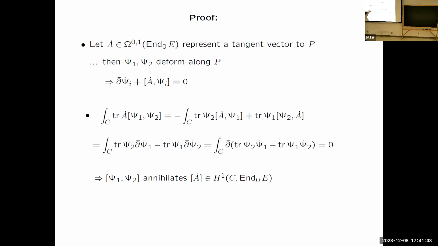Now if we evaluate this tangent vector on the bracket, the cotangent vector I just constructed, then you can use the properties of the Lie bracket and these equations, rewrite it like this, and then Stokes' theorem gives zero. So this bracket annihilates the tangent vectors to P.